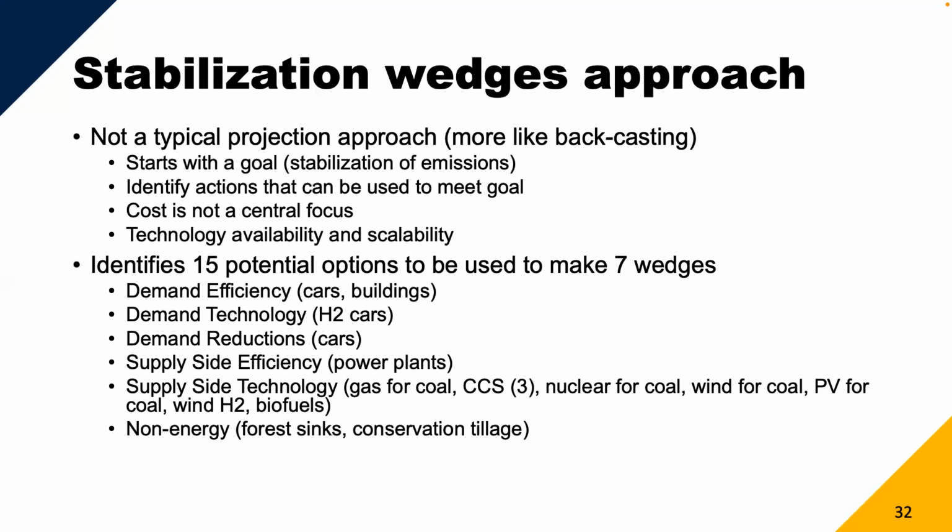So these are related to efficiency, technology, demand side reductions, and then on the supply side, improvements in power plants, switching from coal to natural gas, CCS, which is carbon capture and sequestration. So a bunch of these different options, and essentially we can, in discrete amounts, reduce the emissions associated with your baseline scenario.